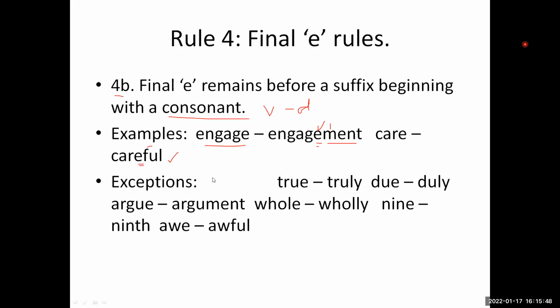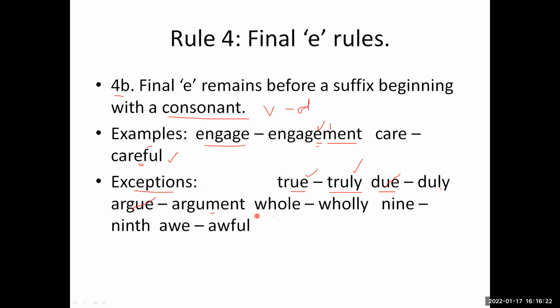But there are exceptions to this rule that you can try to see. Which are the exceptions? Here it is true, it is ending with E and the suffix begins with l, but still E is dropped here. It is truly, not trueley. Next is due, it is duly. Again the suffix begins with l, which is a consonant, but even then E is dropped here. Next is argue, argument, E is dropped here, though the suffix begins with consonant m.